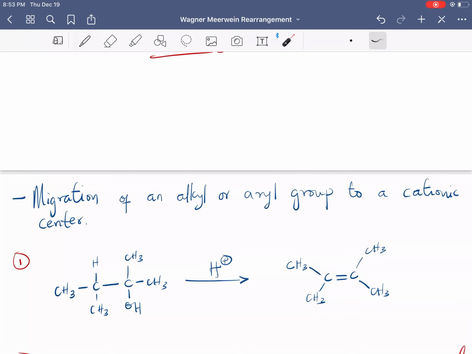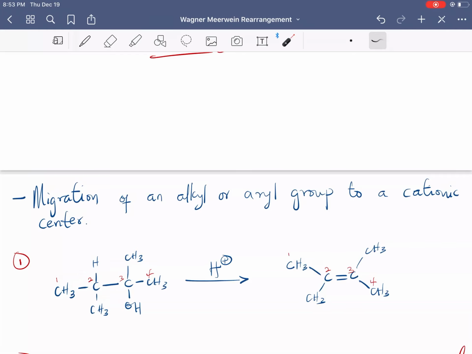Now let's look at this reaction that is shown below here. Let's label the carbons from left to right: carbon 1, 2, 3, and 4. Now let's do the same to our product side. We have carbon 1, carbon 2, 3, and then 4. From the labeling, we see that this carbon 2 here has 2 methyl groups attached to it.